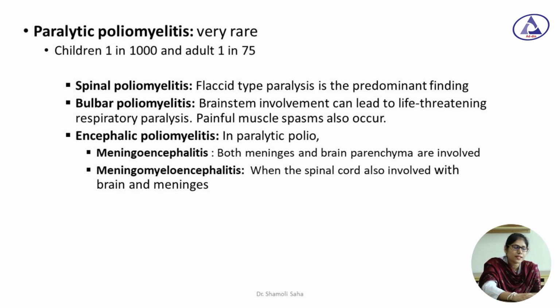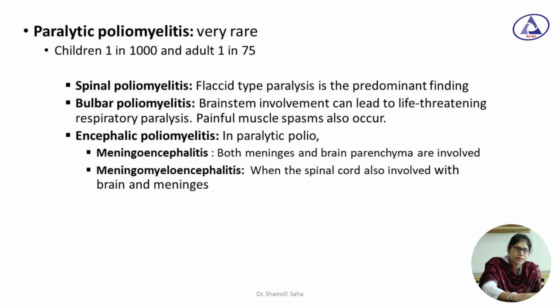Paralytic poliomyelitis can be classified into 3 groups: spinal poliomyelitis, bulbar poliomyelitis and encephalic poliomyelitis. In spinal poliomyelitis, flaccid type of paralysis mainly occurs. In bulbar poliomyelitis, brainstem involvement can lead to life-threatening respiratory paralysis.